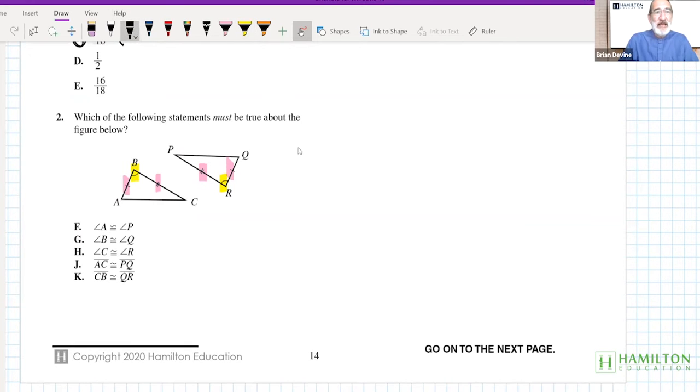Now, looking at the way that they're congruent, I can see that triangle ABC would be congruent to the triangle named QRP, where Q corresponds to A, R corresponds to B, P corresponds to C. So I know a couple things right away.